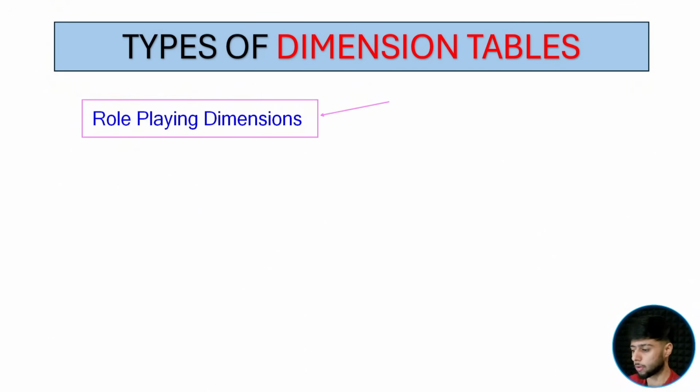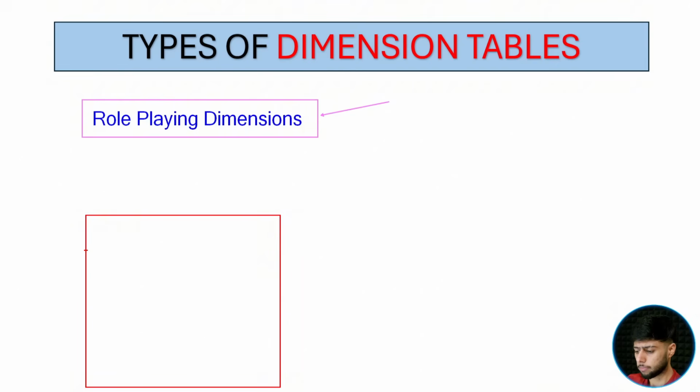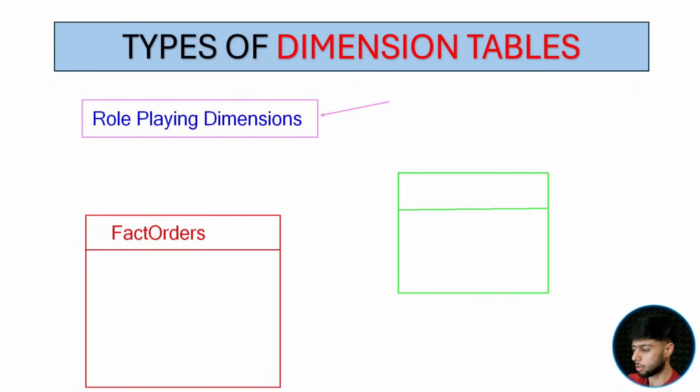What do I mean? So let's say this is your fact table, your fact orders. And this is your dimension, which is called dim date. Very good. Now obviously we have normal dates here.